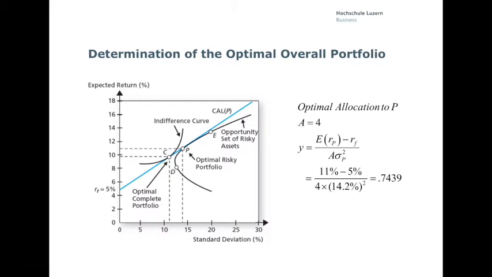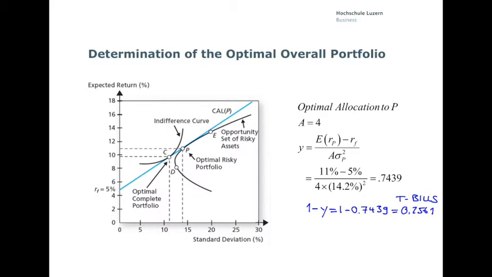Assuming an investor has a coefficient of risk aversion equal to 4, we find the overall weight of portfolio P and the weight of T-bills by using the general formula discussed in the previous session. This one is maximizing the investor's utility.